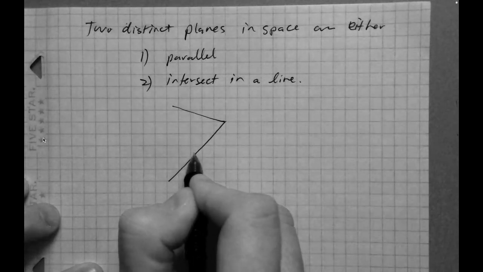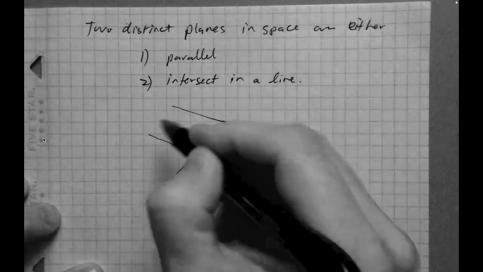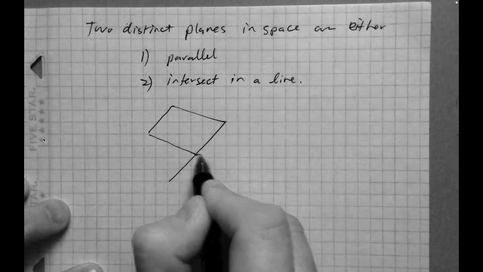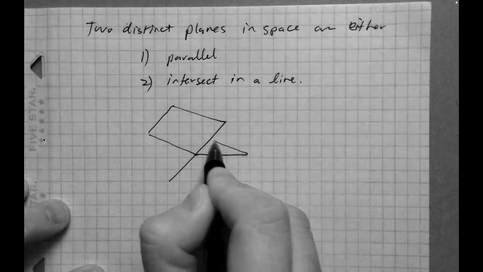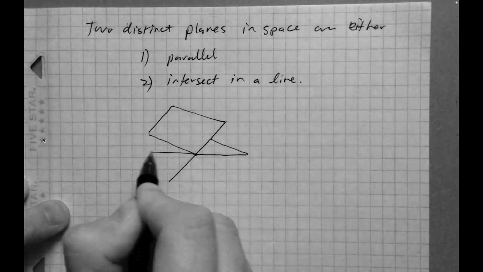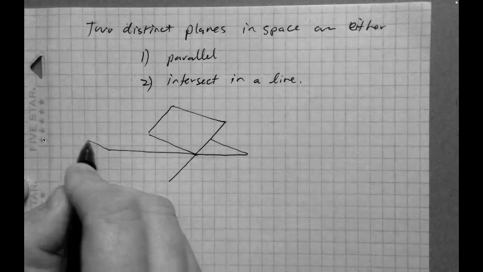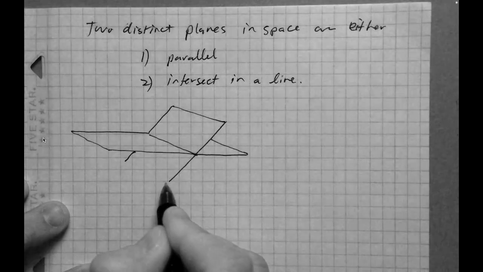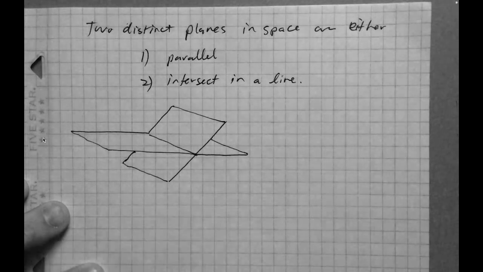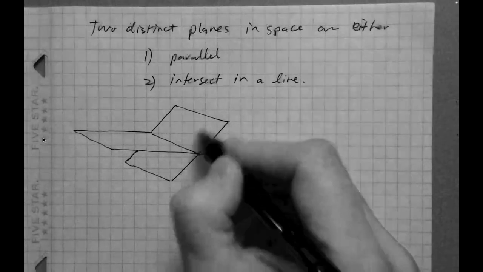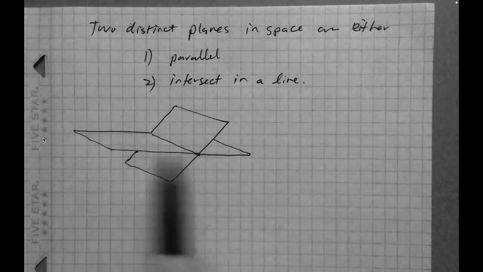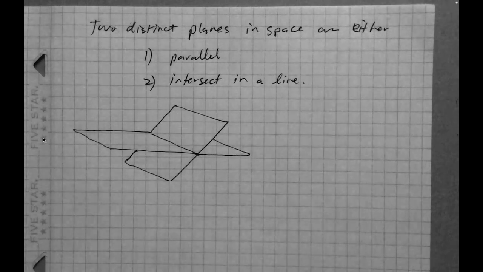Okay, so you can kind of see what's going on here, right? I've got two planes. I've got this one that runs up the page, and then I've got this other plane that runs horizontal on the page.